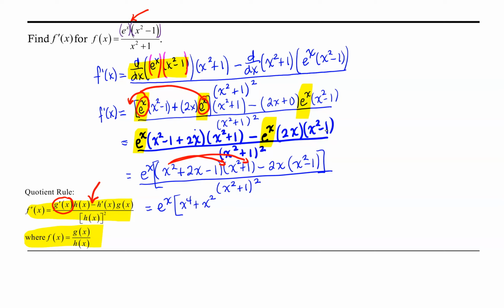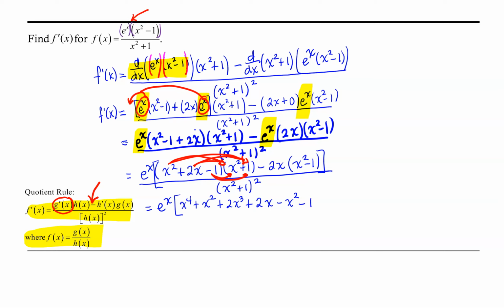Doing likewise with the positive 2x, we'll end up with plus 2x cubed plus 2x. And then doing likewise with the minus 1, we'll end up with minus x squared minus 1. That takes care of that first component, that first product.